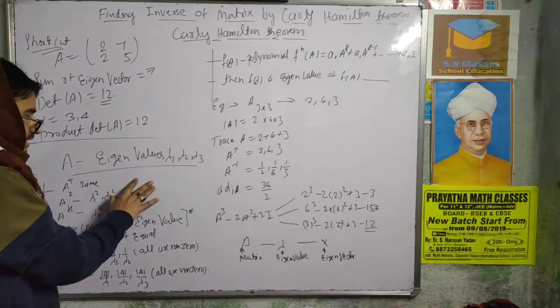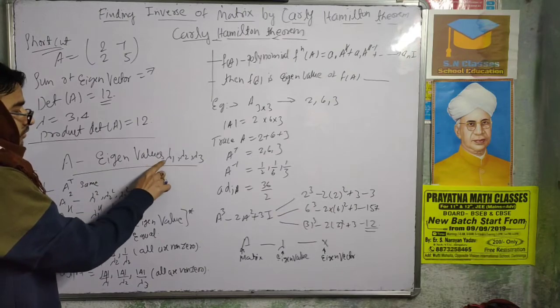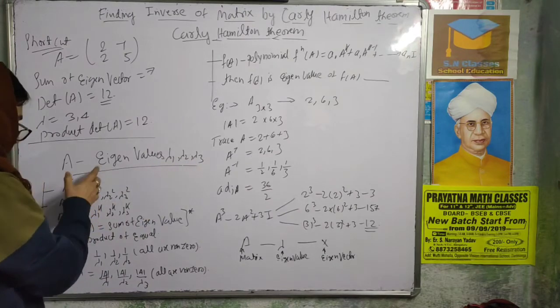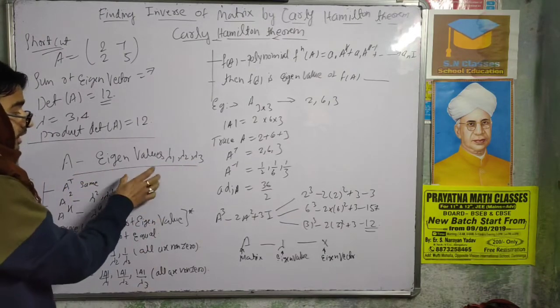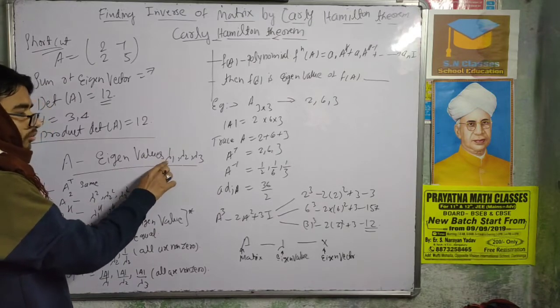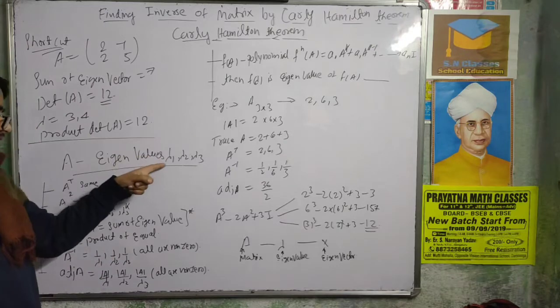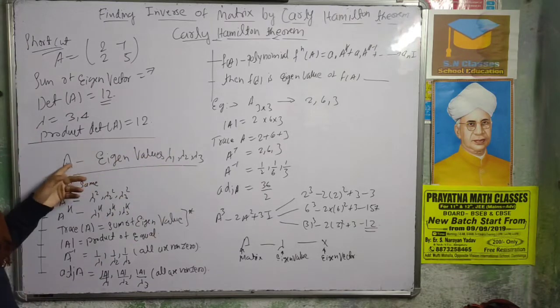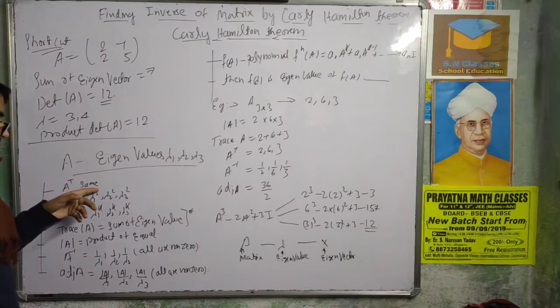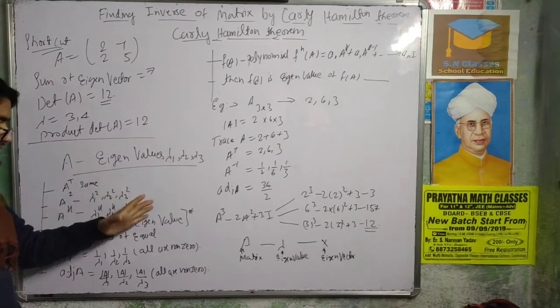So the next properties are for finding the eigenvalues lambda 1, lambda 2, lambda 3. These properties are valid for every eigenvalue. The first property says, if lambda 1, lambda 2, lambda 3 are given for a matrix A, then for the transpose of A, the lambda values are also the same.